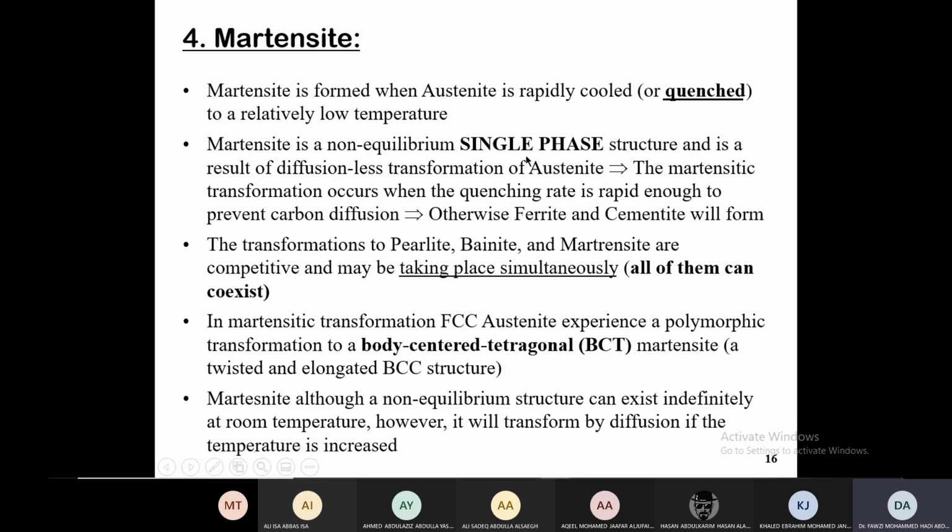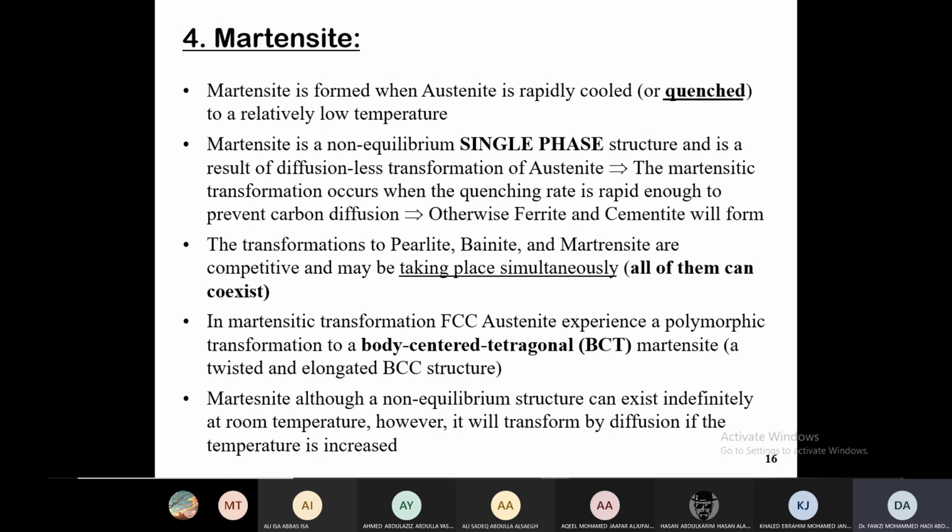So it is diffusionless. This means that it is an athermal process. In the other phases, bainite, pearlite, spheroidite, it is a thermal process. It occurs by diffusion. By diffusion, a movement of the atoms causes the change in the structure, and therefore it needs time. In the martensite, there is no time required. When you quench, we are nearly saying that we have zero time for that.